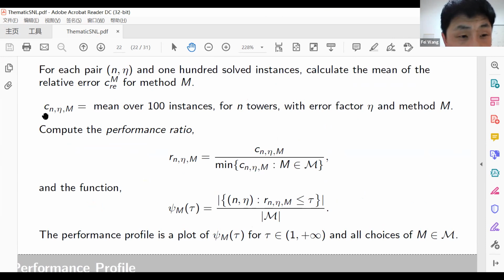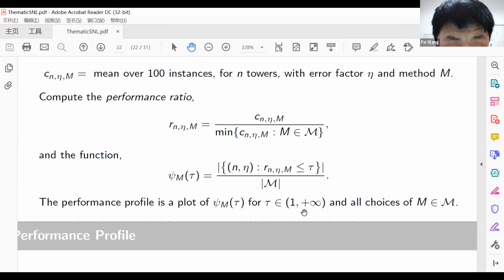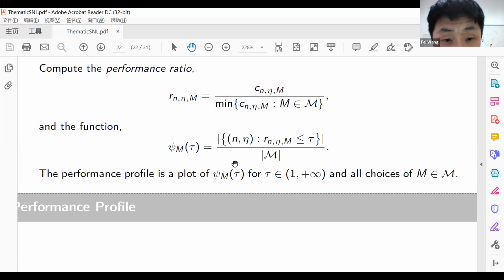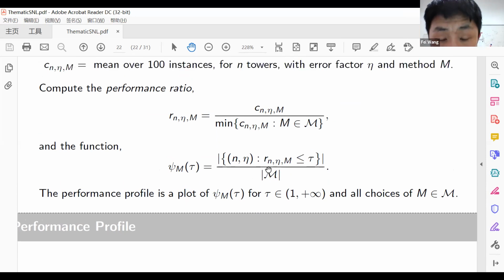This C_n is the mean over all the 100 distances for n towers, and this function is given by this ratio, such that the performance ratio is less than or equal to gamma. So when this function is smaller, that means the error is small.